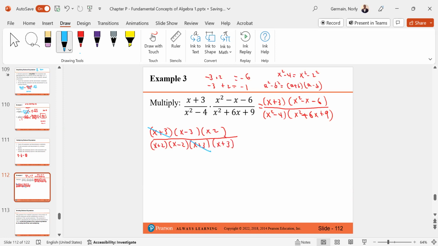What was that one again? That was x plus 2. If x is not -2, we can cancel the x plus 2 as well.